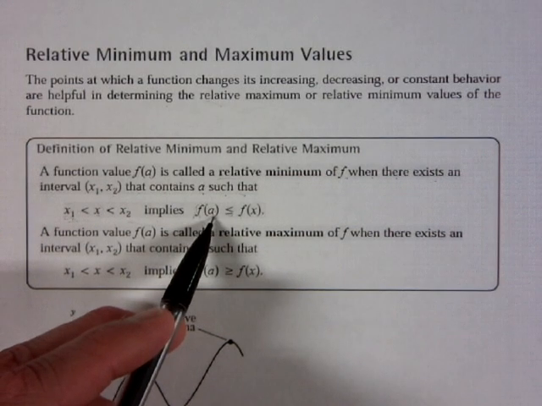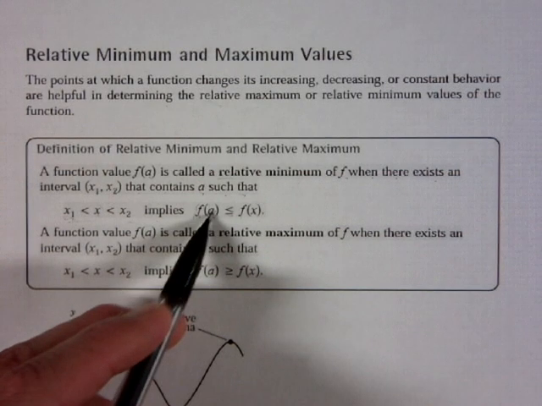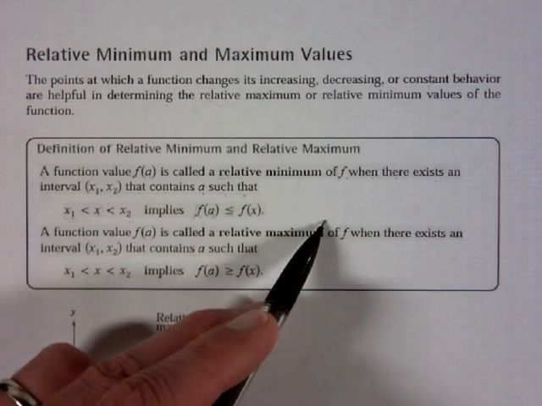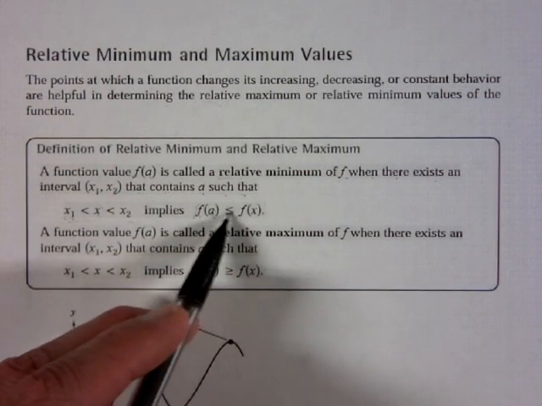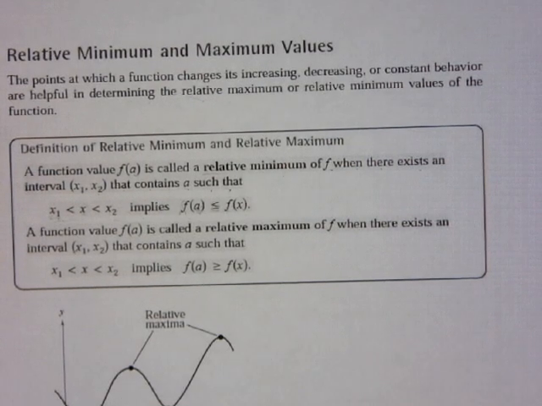What you're picking as your relative minimum, the x value you plug in and evaluate, it's got to yield less than or equal to any other output that you can put in for that interval. Otherwise, it can't be the minimum of the function.